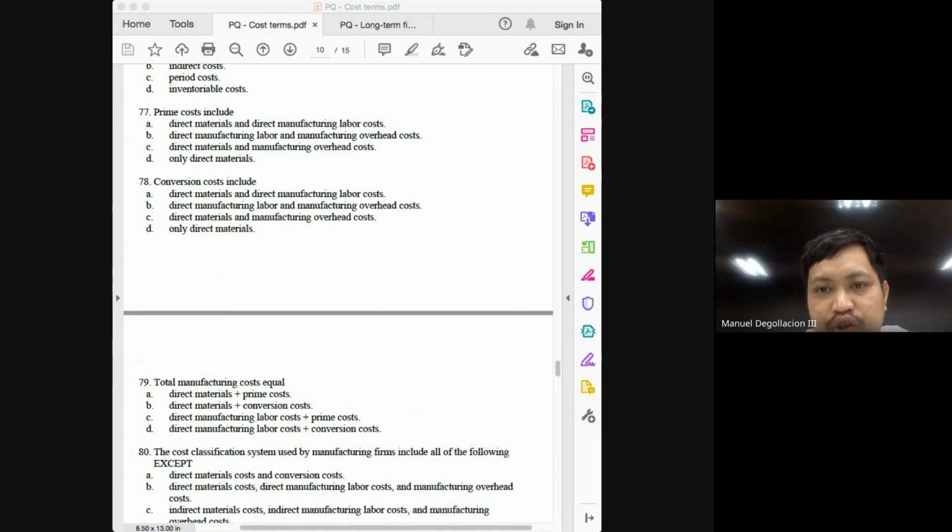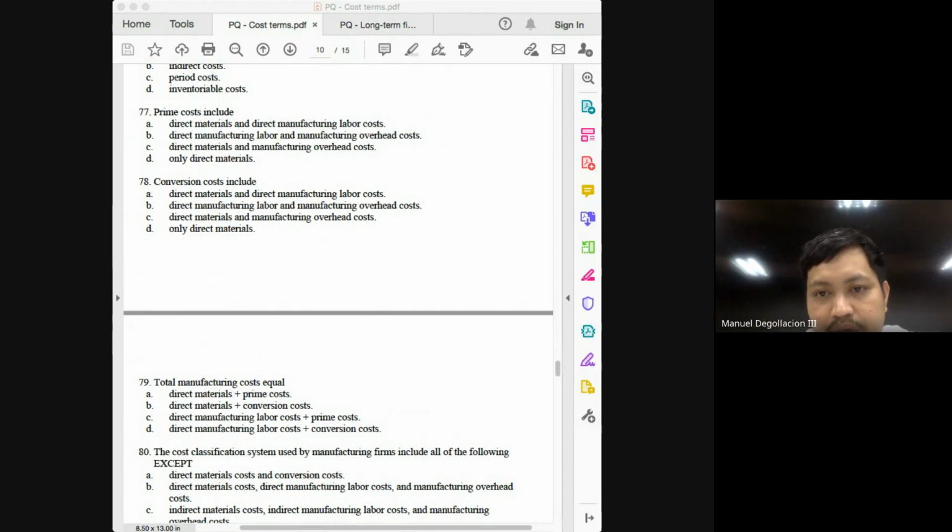79, total manufacturing cost would be... the correct answer here is letter B. Letter A is wrong because it has redundant direct materials and is missing overhead. Letter C is wrong because of duplicated direct labor and missing overhead.